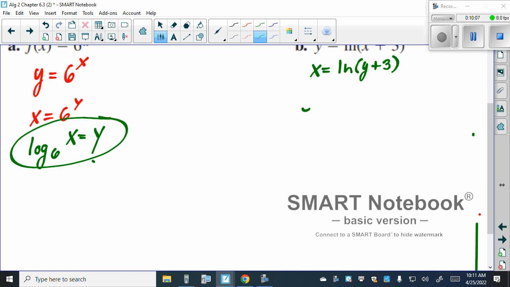So we would have e to the x equals y plus 3. Because for our natural logs, ln of x equals y is the same as e to the y equals x when we're switching those places.